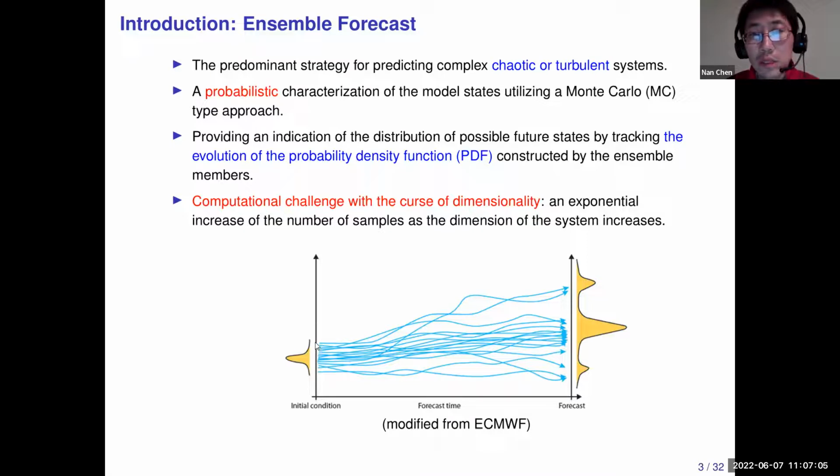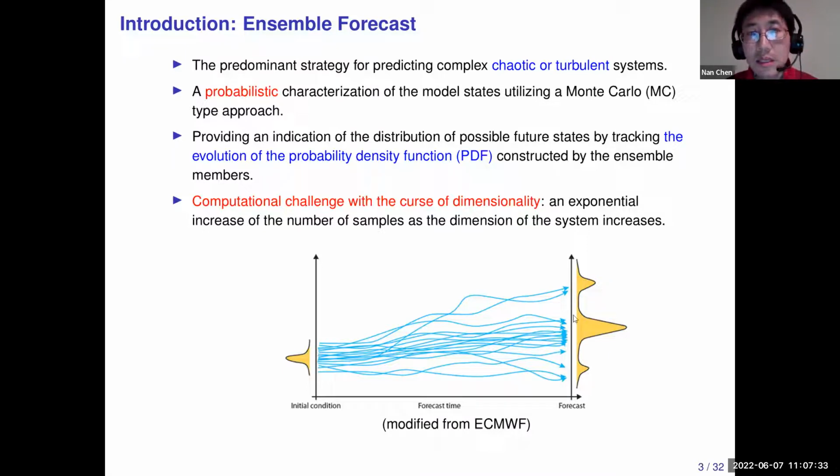We start from some initial distribution and draw samples, and each sample is one Monte Carlo point. Then you repeatedly run the model forward, starting from different initial values drawn from this initial distribution. At some time instant, you collect all these ensemble members and use them to construct a PDF. This PDF is our forecast ensemble distribution.